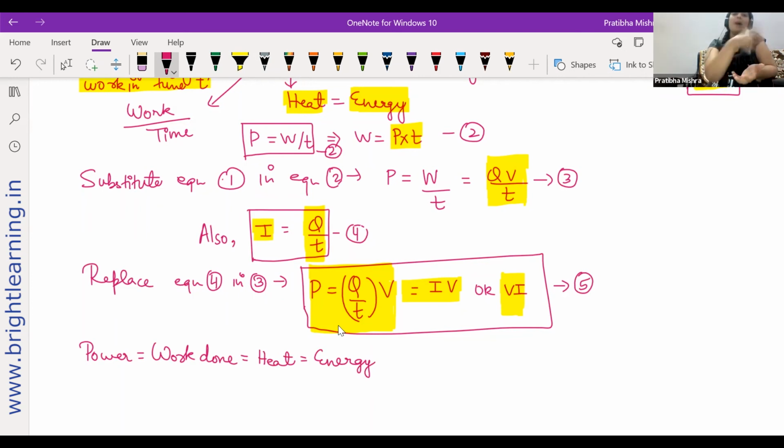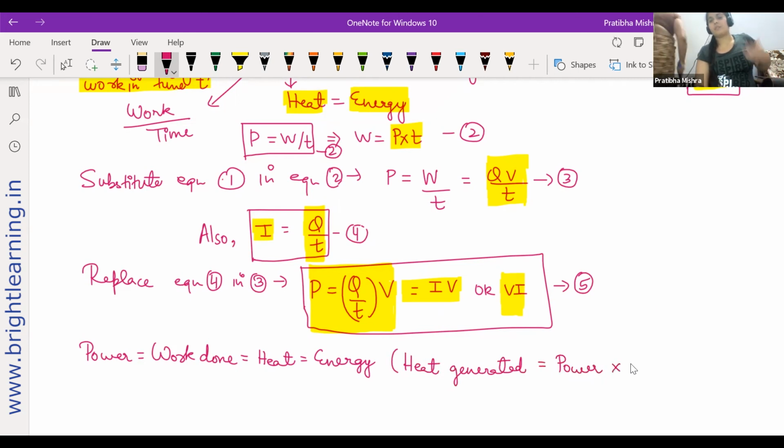Heat is also nothing but power into time, PT. In some point of time, this much power is generated. That is your heat. So replace P by H. It's the same thing, do not worry about that. Work done, power, heat, it's the same thing.